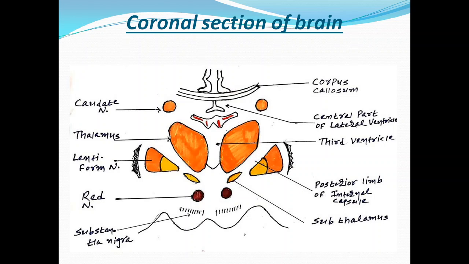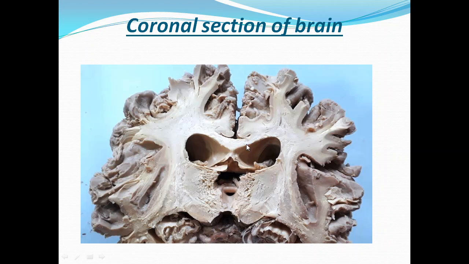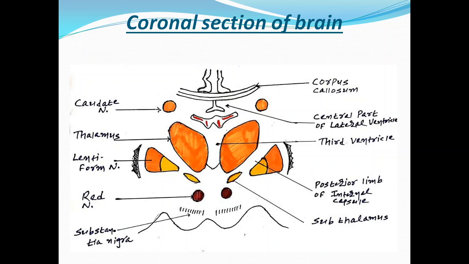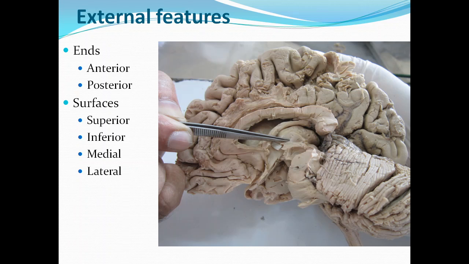Simply remember this point. It is the same section of the brain. You can see the corpus callosum, these are the lateral ventricles, and these two are the thalami, and here this is the lentiform nucleus, and this is the internal capsule. So the lateral surface of the thalamus forms the medial boundary of the posterior limb of the internal capsule. So that is about the ends and surfaces of the thalamus.